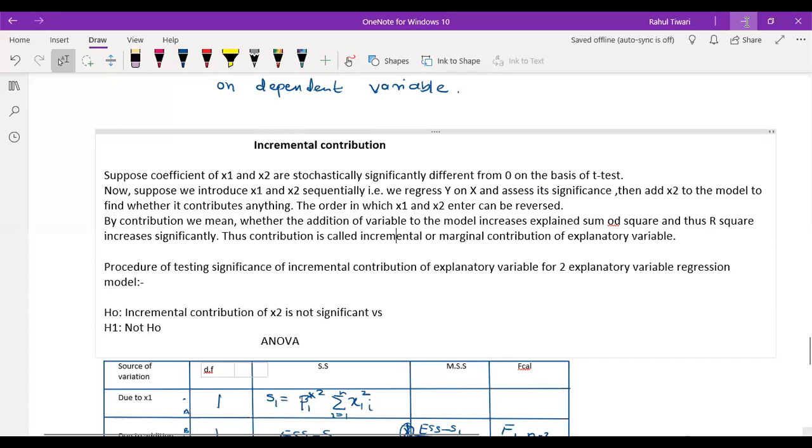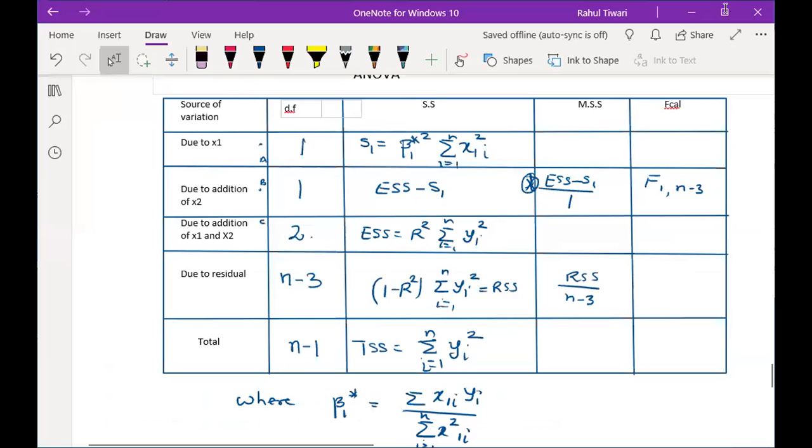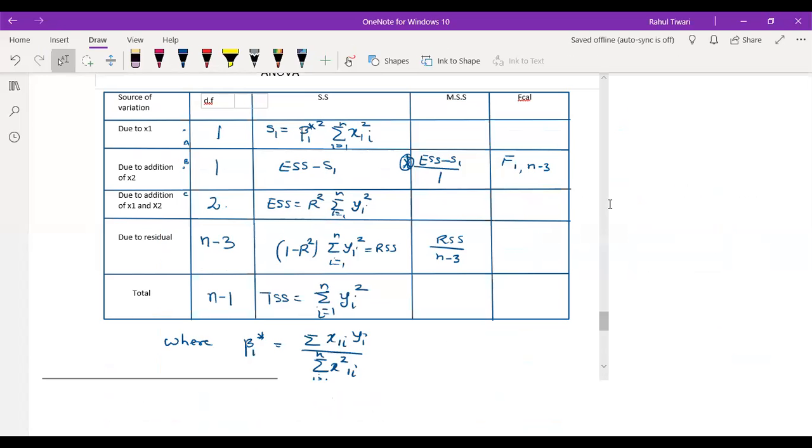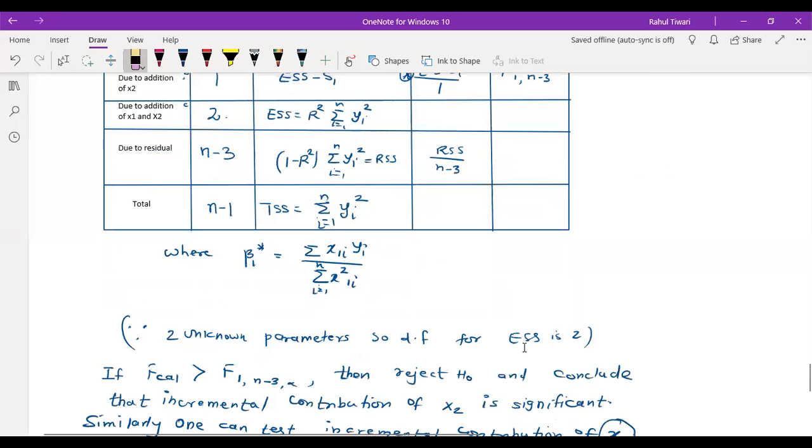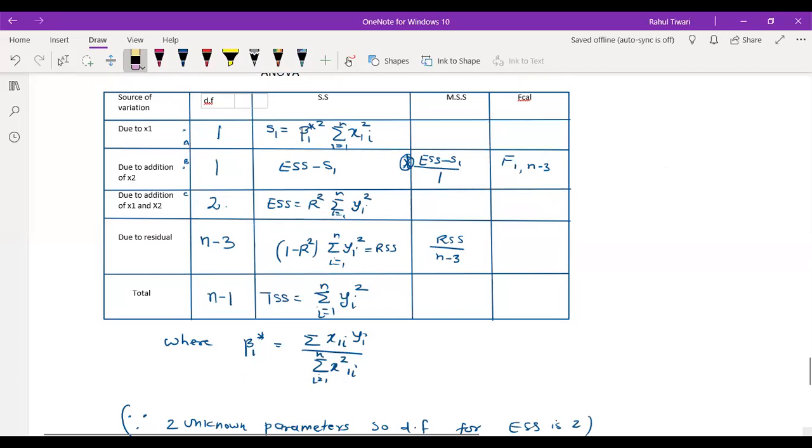And when you calculate R square, only then will you know whether, due to adding the new variable, your R square value increases or decreases. You can understand this when you go to problems with numerical values, so we will see that in the practical session. Let me know if you have any other questions related to the incremental model.